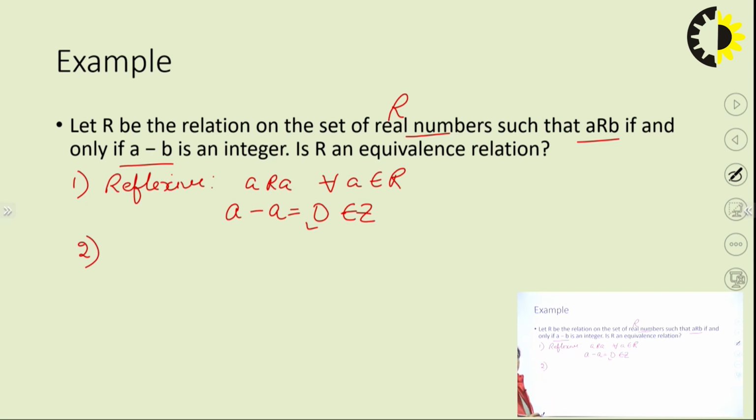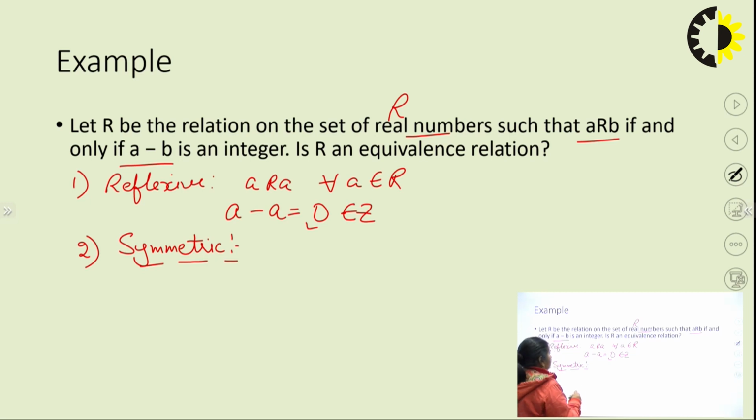Now second, what is the second condition to be checked? Whether the relation is symmetric or not. This is our second property that we are going to check. What does the symmetric property say?